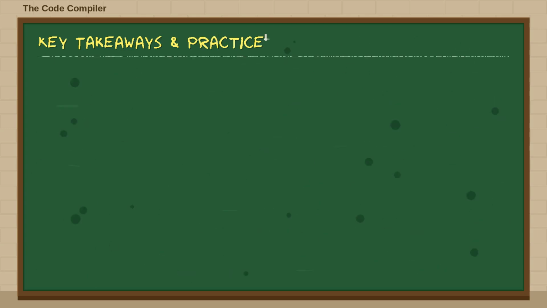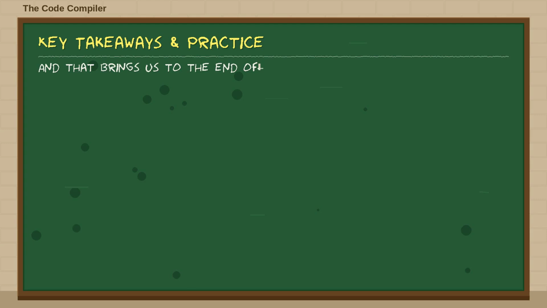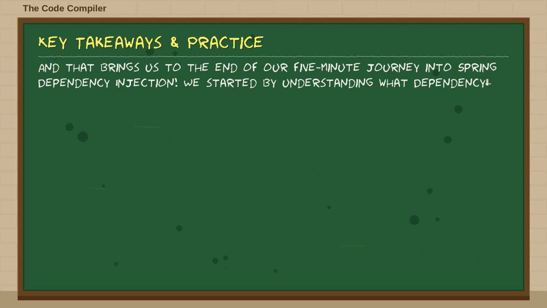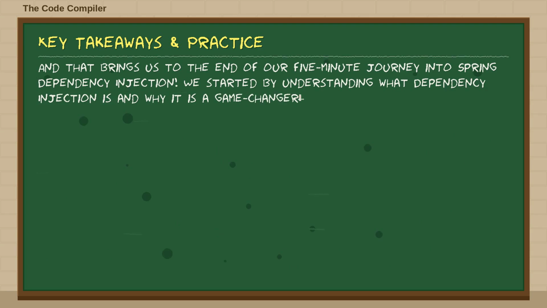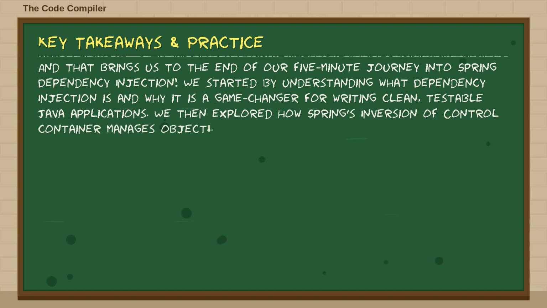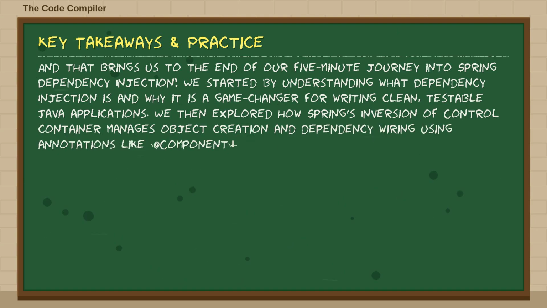And that brings us to the end of our 5-minute journey into Spring dependency injection. We started by understanding what dependency injection is and why it is a game changer for writing clean, testable Java applications. We then explored how Spring's inversion of control container manages object creation and dependency wiring using annotations like @Component and @Autowired.